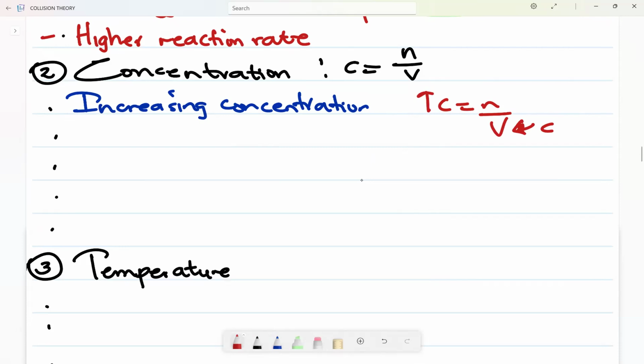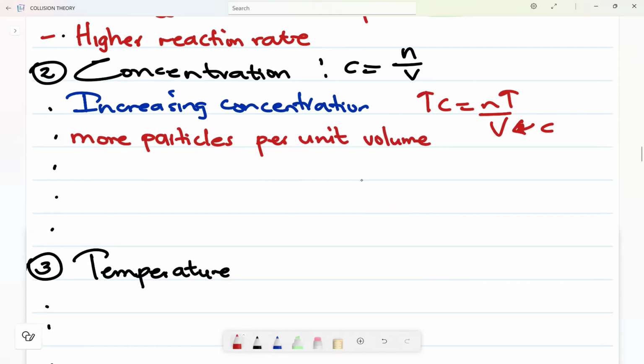You increase the number of particles. So what you should think of is that there will be more particles per unit volume. That is the first one.